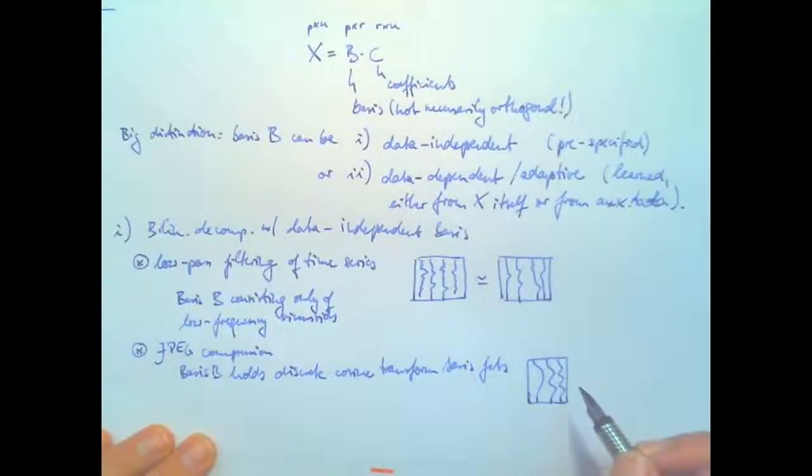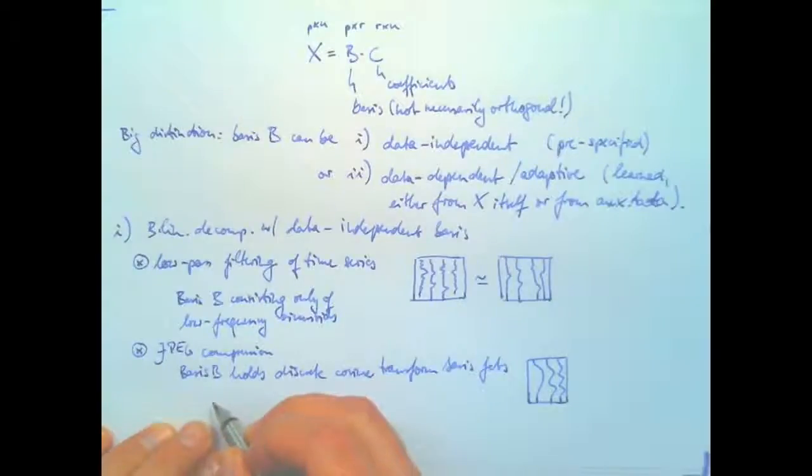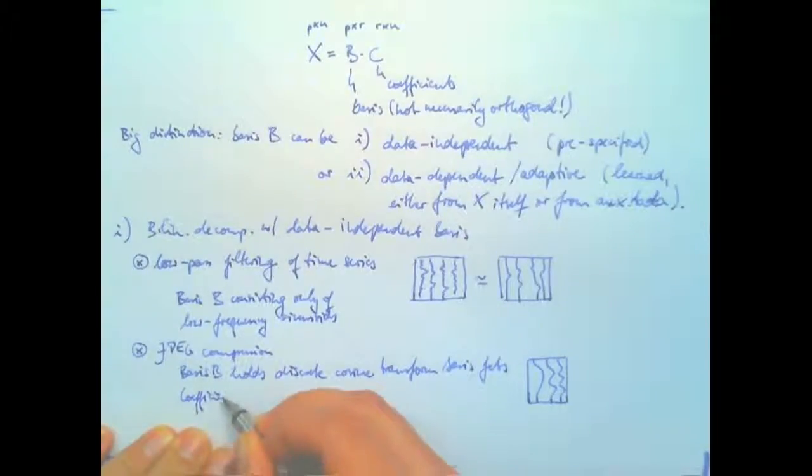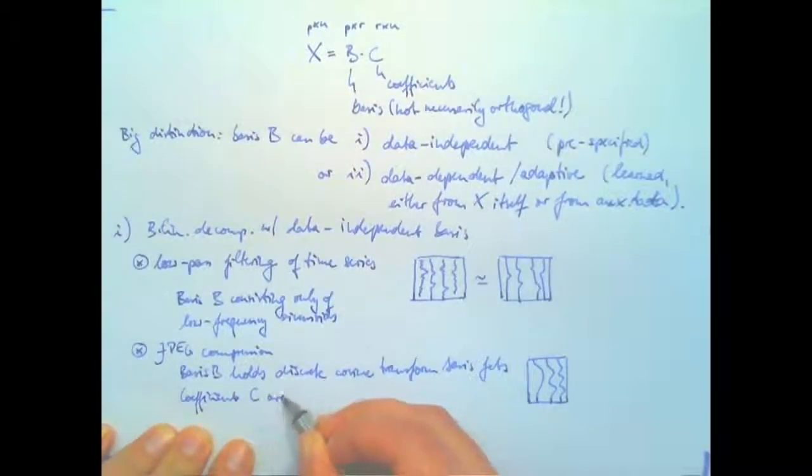So B is now the basis holding the discrete cosine transform basis functions, and C is also treated. In this case, the coefficients C are vector quantized.